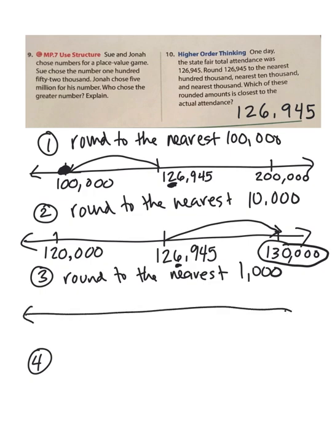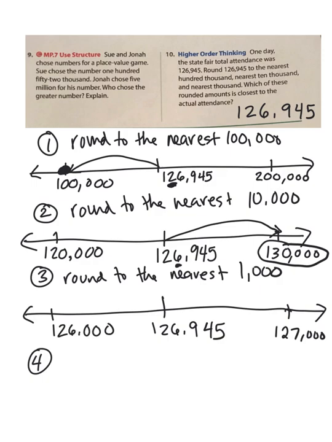Last, I'm going to round to the nearest thousands place. So 126,000, this middle location does not change. Okay, and I'm going to round it either to 127,000 or to 126,000.